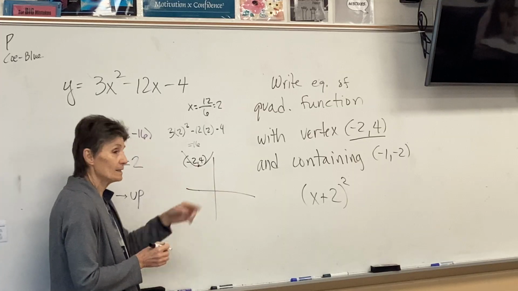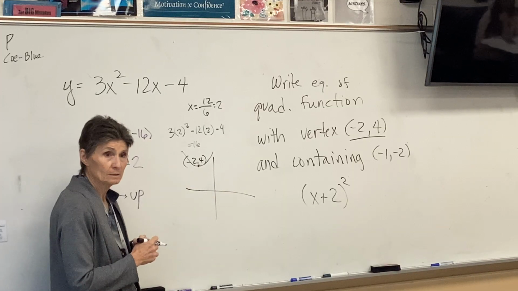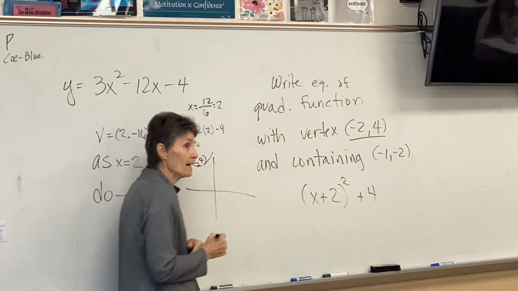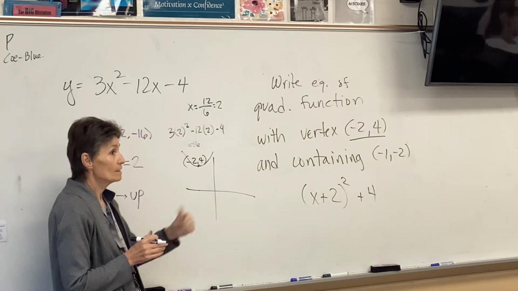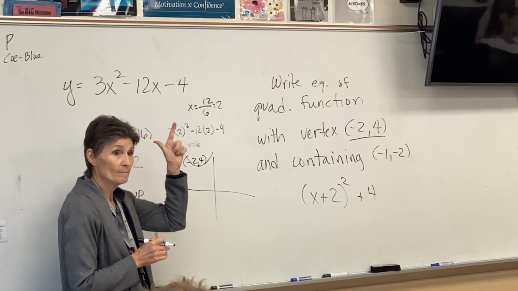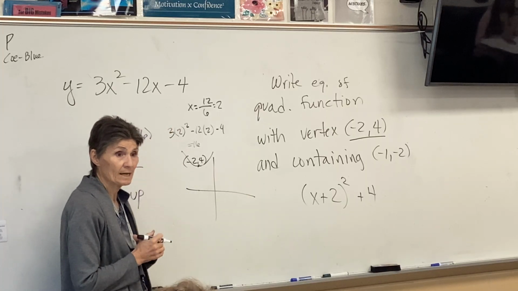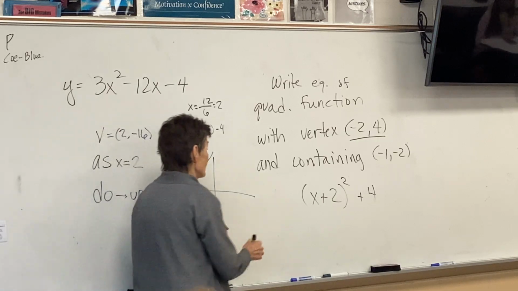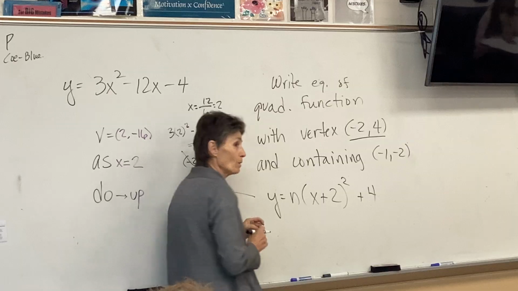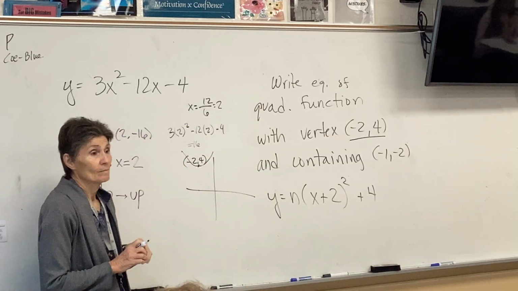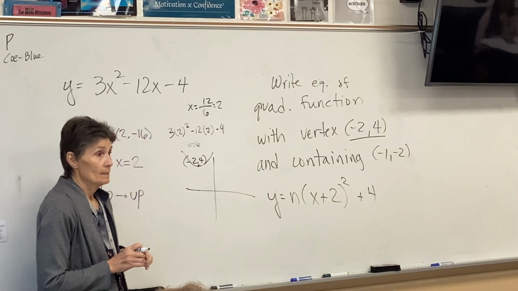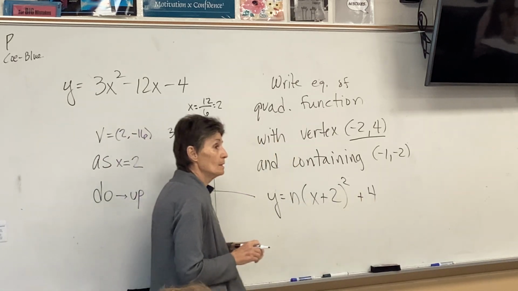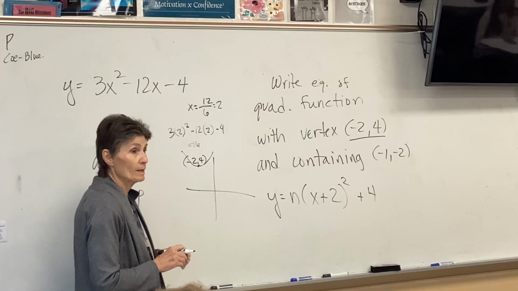And then we moved it up 4. Doesn't it look like that? Isn't that how we move 2 to the left, up 4? What's missing in that equation? There's one thing missing. The number out in front. This takes care of the vertex. Left 2, up 4. How do I find that number out in front?